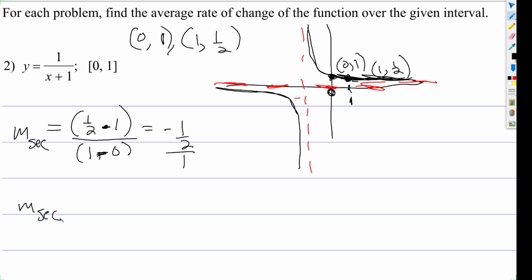Well, the slope of the secant line, or average rate of change, negative 1/2 divided by 1 is simply negative 1/2. And if you look at it, we could draw a line going like that and calculate. And if I had a regular graph, it would be down 1 over 2. All right, that is it for average rate of change.